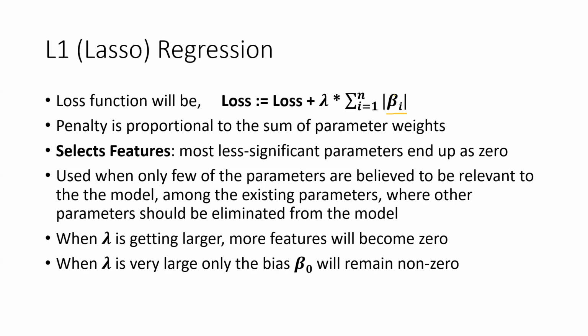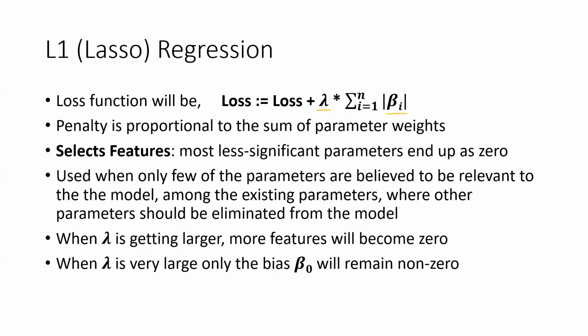Suppose that you have values for different parameters. The parameters that are less significant will be reduced more and more, and they will go to 0 depending on the lambda parameter that you have selected, right?